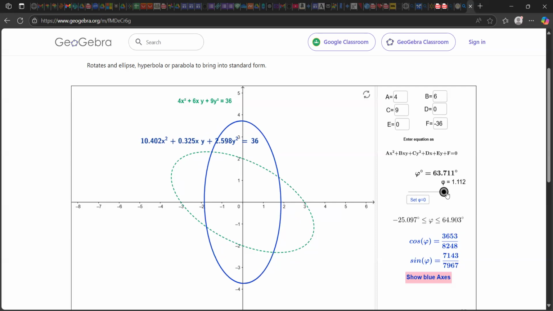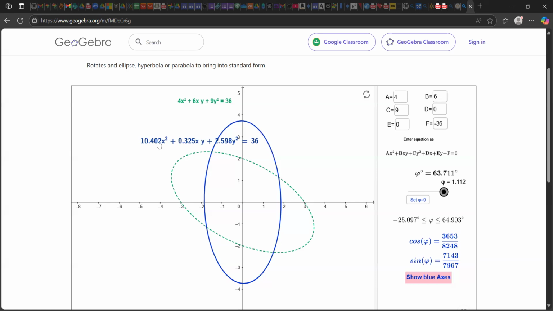To get it back, you can actually know that the thing went through 63 point something degrees. This green is really an anti-clockwise rotation of this blue.